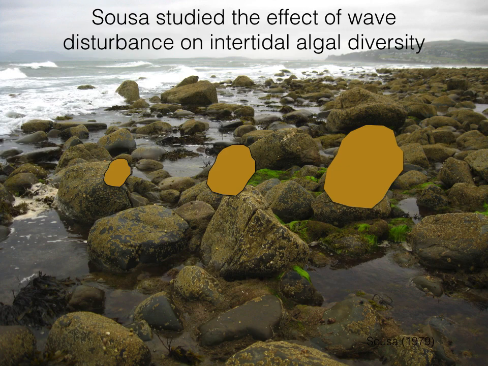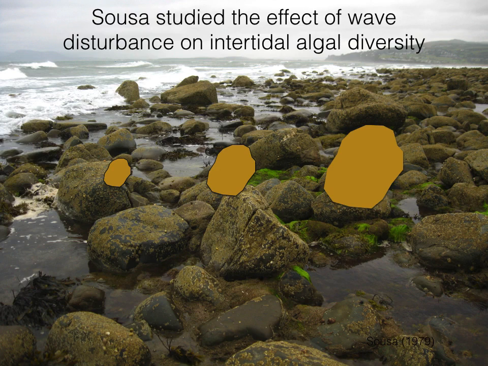And in fact, his study design was that he looked at the algal diversity on boulders of different size. Small boulders were boulders that very frequently were jostled around because they didn't require big storms to do so. And so those smaller rocks were argued to receive a higher frequency of disturbance than very large rocks, which wouldn't be jostled around by wave action very frequently at all.